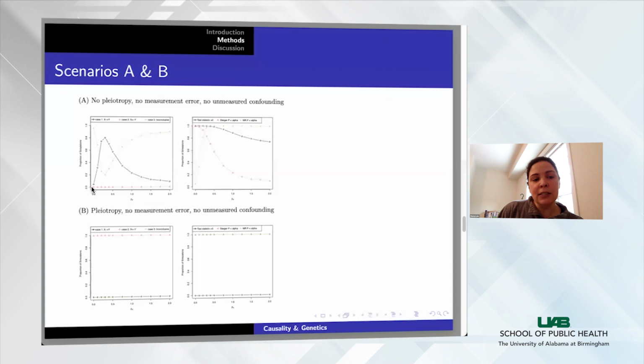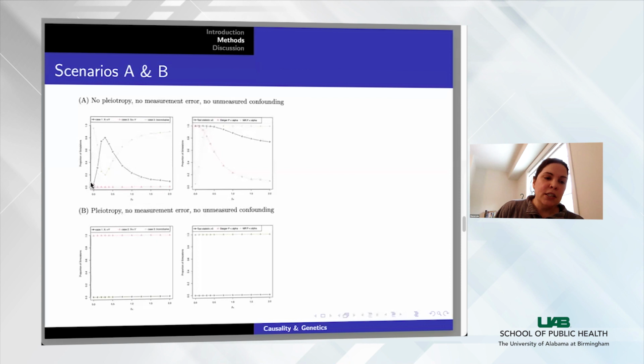The red line is the incorrect conclusion, that Y causes X, which is counter to what we generated. And the green line, 3, is inconclusive: the method says it's neither case 1 nor case 2. We don't know. It's case 3.